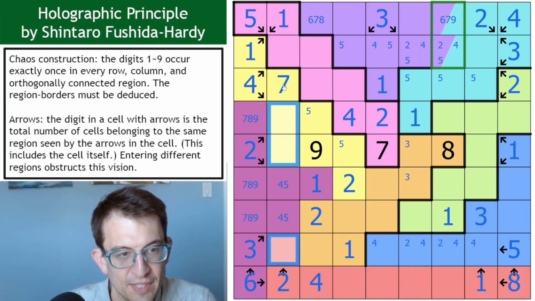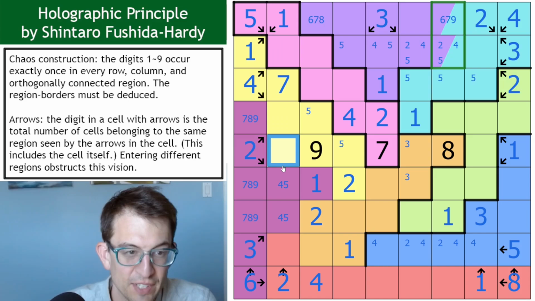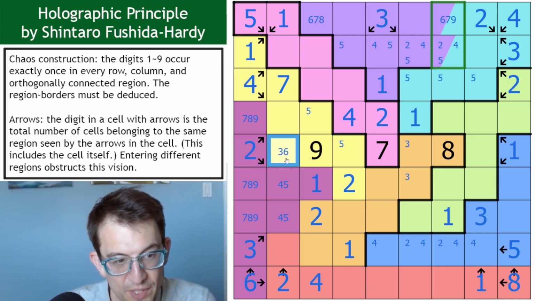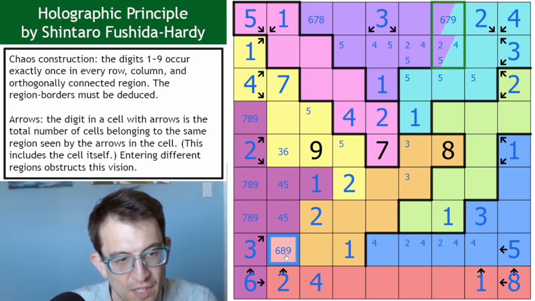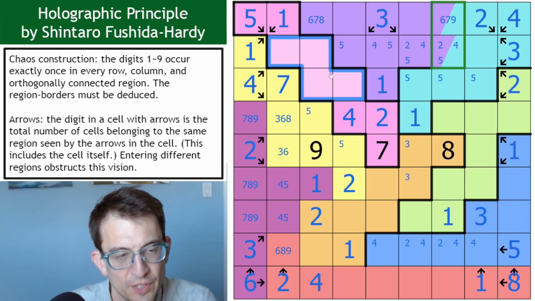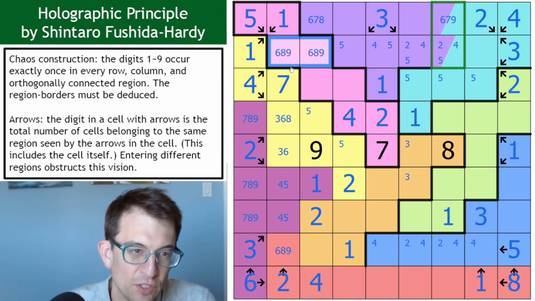These are 3, 6, 8, 9. 9 is not either of these. So this is 3 or 6 only, this particular cell. These are also 3. Oh, this is 6, 8, 9. These 2.